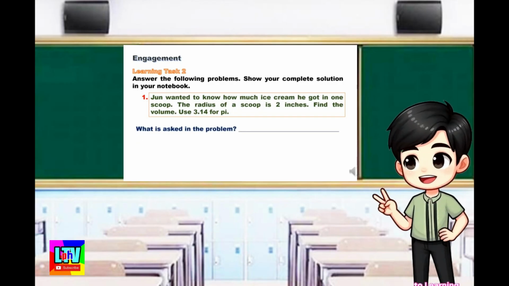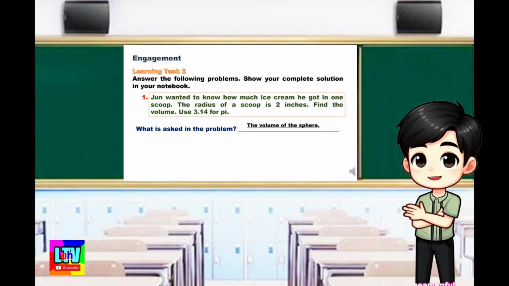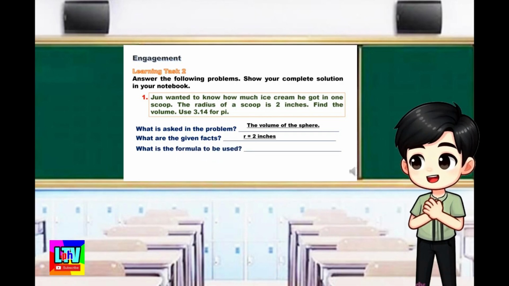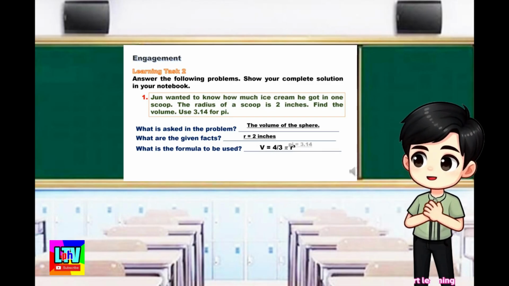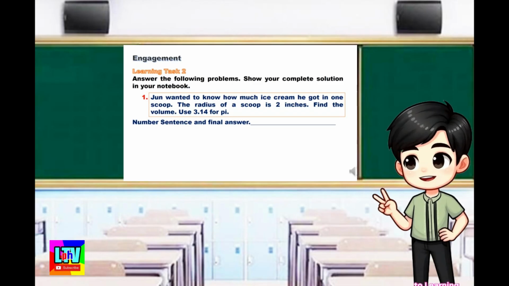What is asked in the problem? The volume of the sphere or the volume of one scoop? What are the given facts? Radius is 2 inches. What is the formula to be used? Number sentence and final answer.